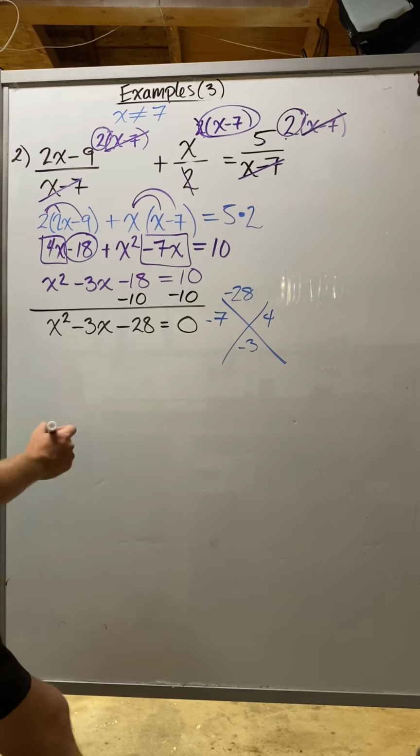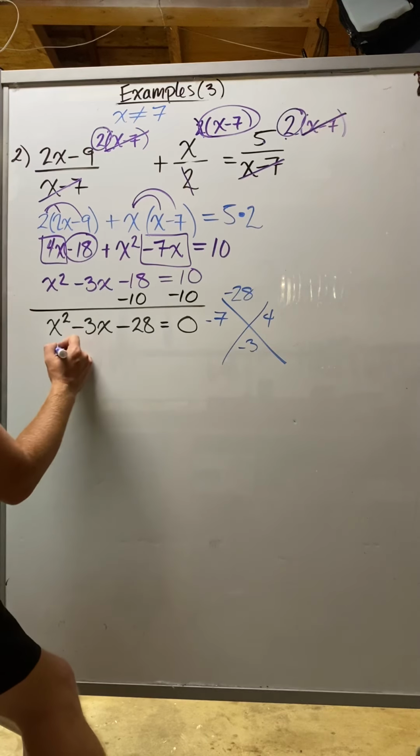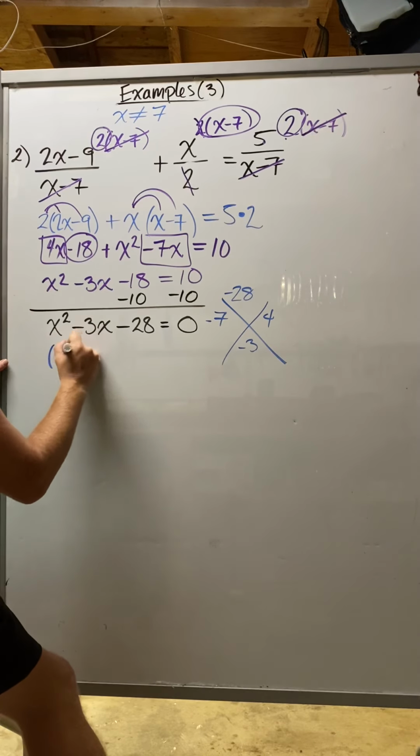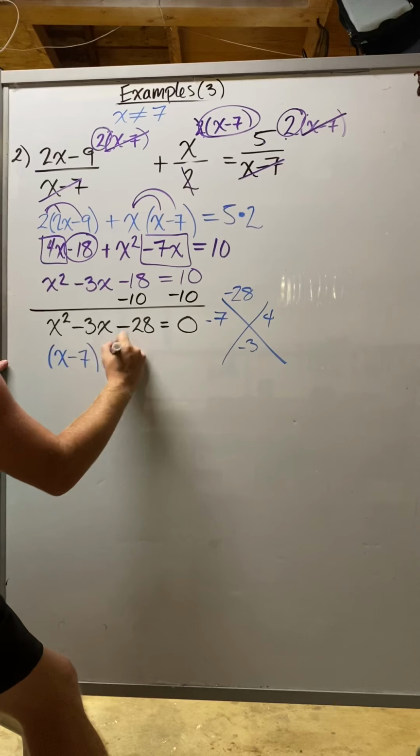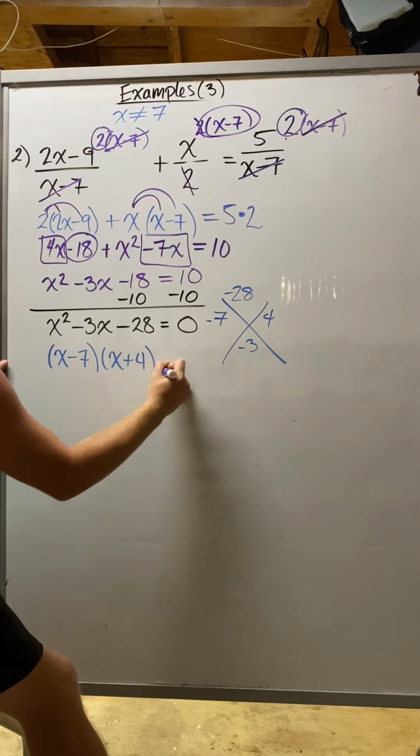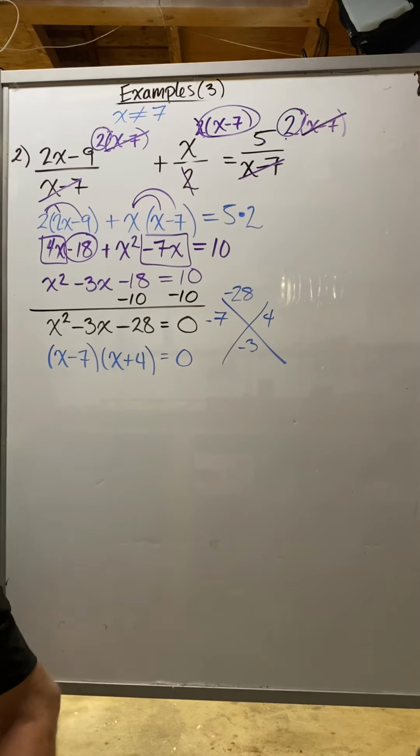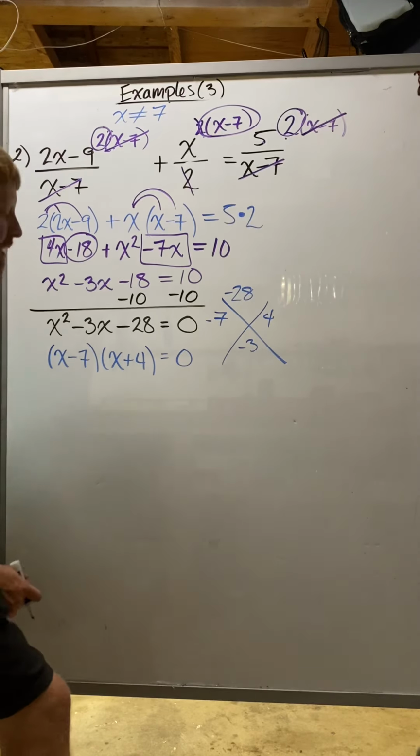So what this means, and this is just me reminding you guys, is this will factor with an x minus 7 and an x plus 4. And it's all equal to 0. Okay? It's been a while.